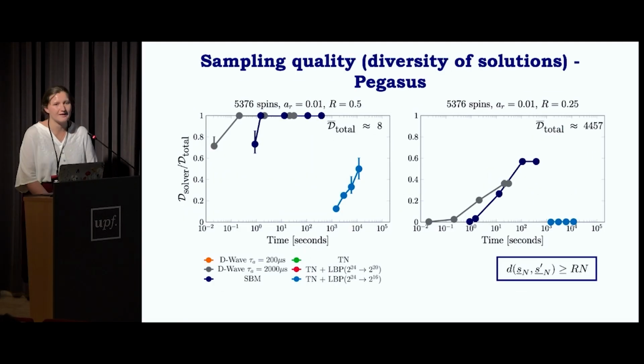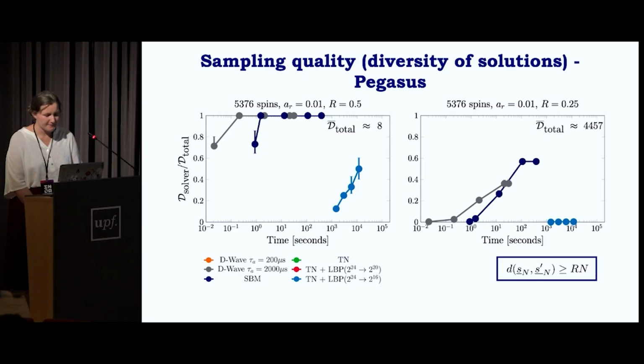So let's move to the second metric. We also check the quality of sampling in the framework of the diversity of solutions. Diversity of solution equal to 10 means that in the set of all states with energies below approximation ratio, here 0.01, we have found, in this case, 8 such states that every state in this set is far from every other state in this set by more than r times n.